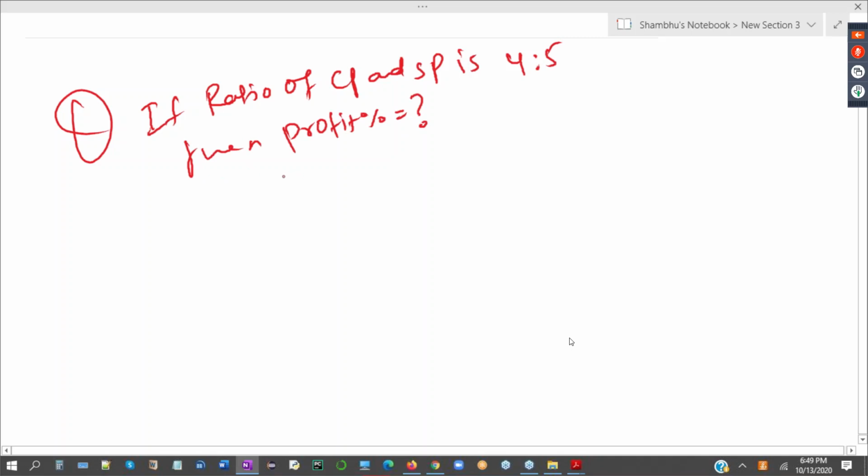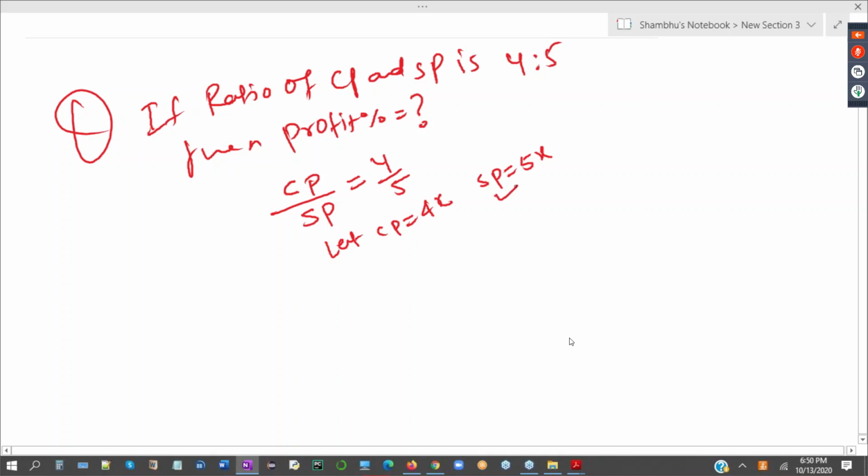This is one normal question. So you can say that CP divided by SP ratio is 4/5, and you can assume let CP is equal to 4x, then SP is equal to 5x.